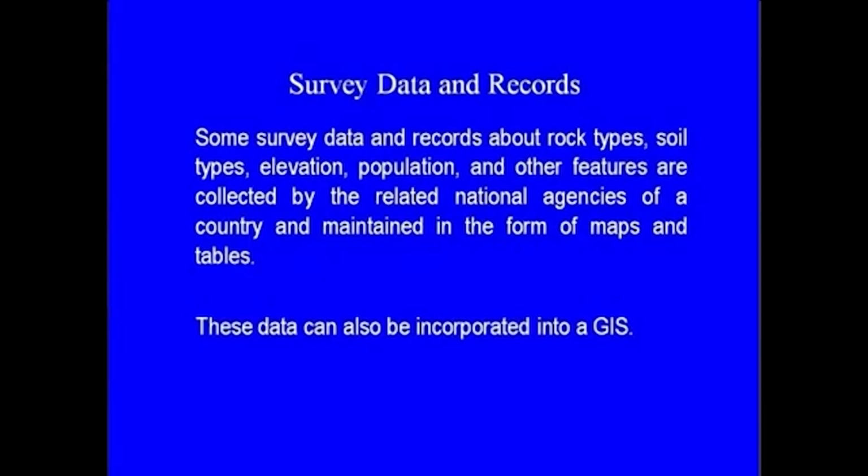Sometimes survey data and records about rock types, soil types, elevation, population and other features are collected by the related national agencies of a country and maintained in the form of tables and maps. These data can be incorporated into the GIS.